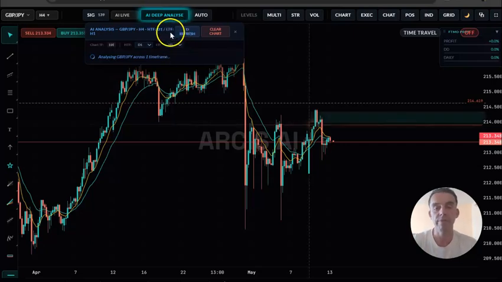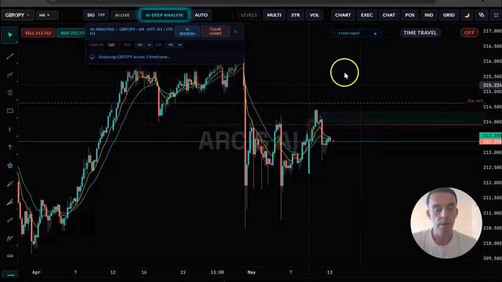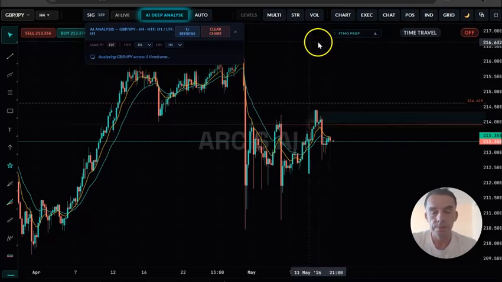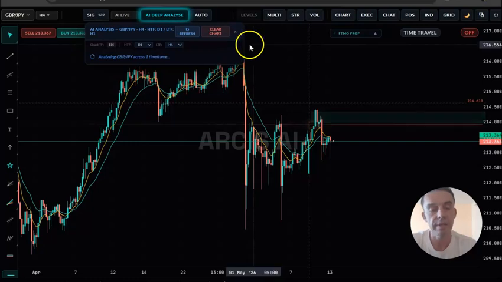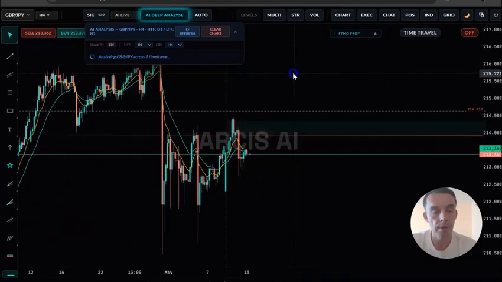So it's a multi-time frame approach. So that comes up when you have your prop firm account open. Just let that run, because it's run the deep analyst. Just have to give it a few seconds to come up on the platform.